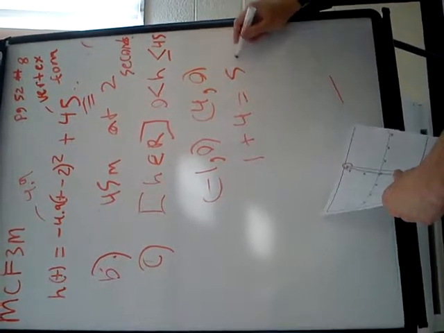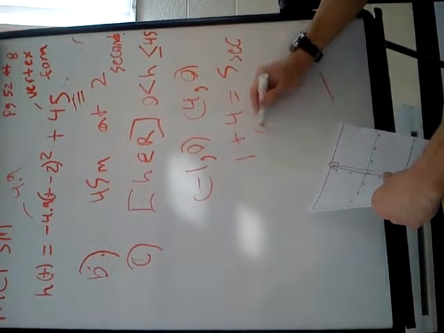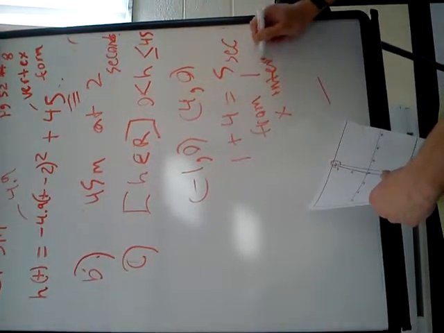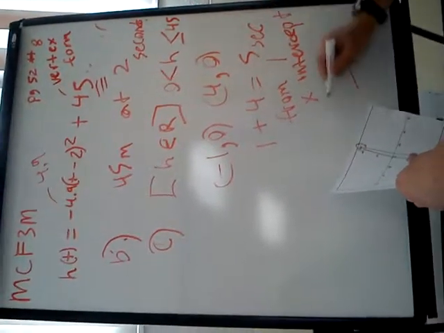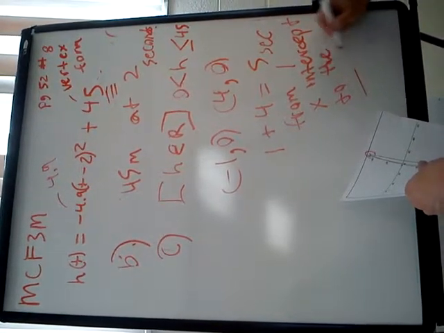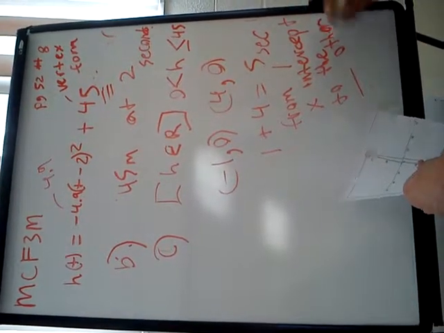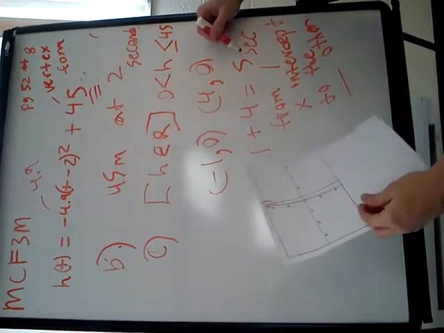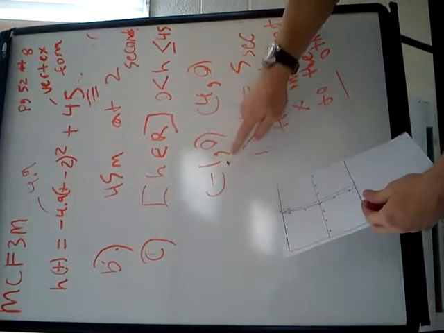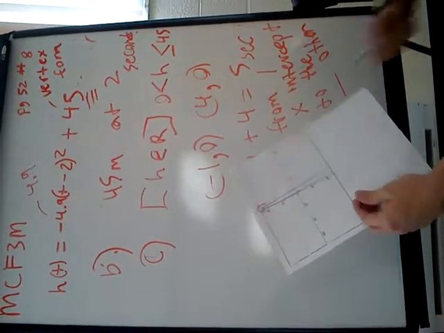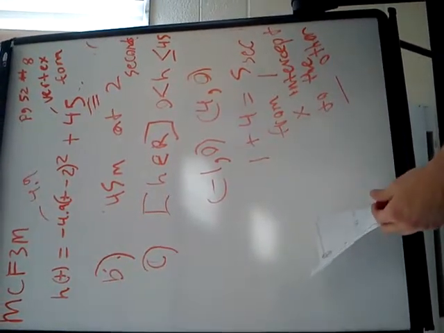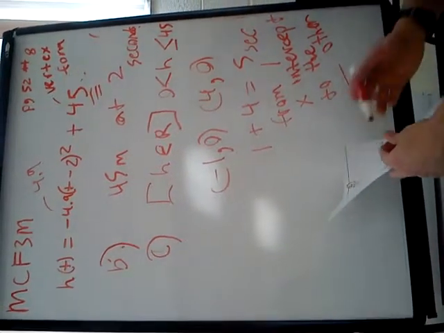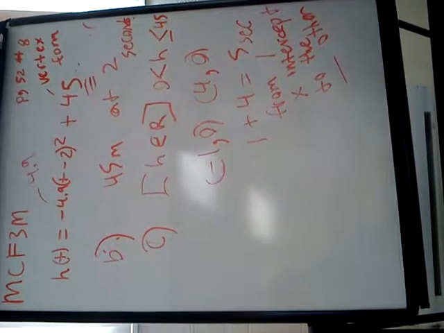So we can determine it takes 5 seconds from one x-intercept to the other. Once again, the approximate time is 5 seconds, and we know this because we can look at the x-intercepts and calculate the distance in between in time, in seconds. So that's the answer to D.